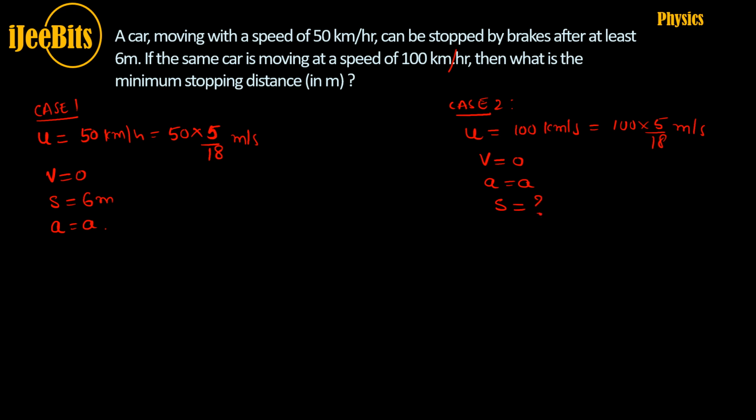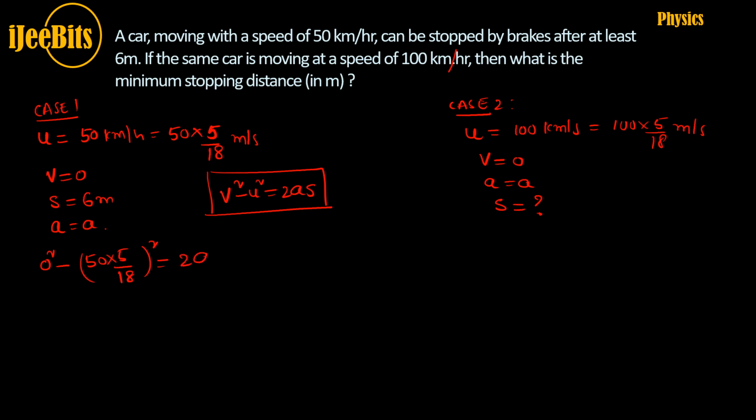So what would be the formula that I can use? For the given inputs, most likely our formula would be v square minus u square is equal to 2as. This is sufficient. Let's apply. In case 1, v equal 0 and then u is 50 into 5 by 18 whole square equals 2a into 6.